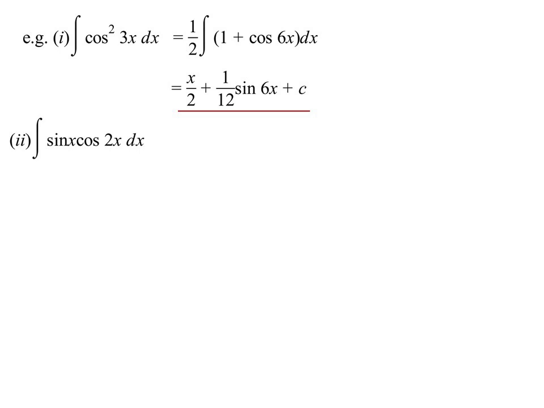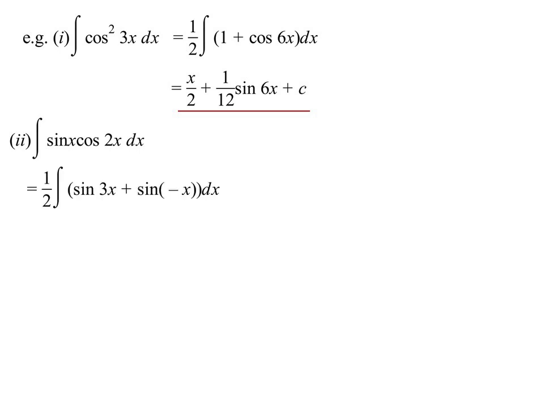Sine x cos 2x. Ooh, be nice if that was cos x, because sine x cos x, there would have been a couple of ways I could do that. I could look at it and say, oh look, I got derivative times function, or I could change sine x cos x into sine 2x, but the angles aren't the same with this one. So here's where I'll use products to sum.